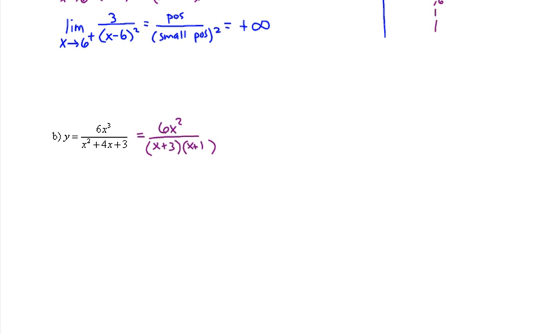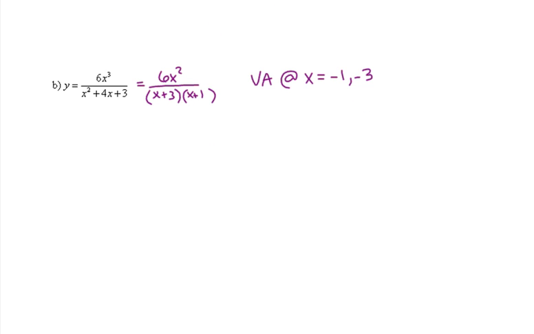Why? Because we have a vertical asymptote at x equals -1 and -3. Okay. We're almost done this lesson, right? So 2 lessons won't be bad today.